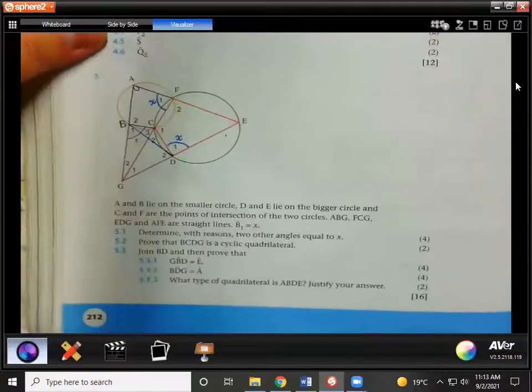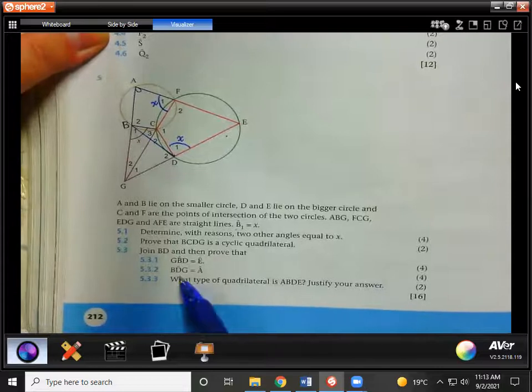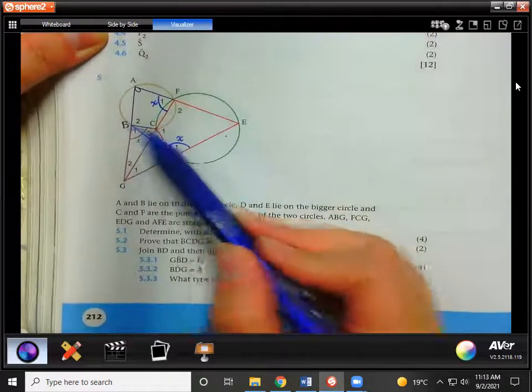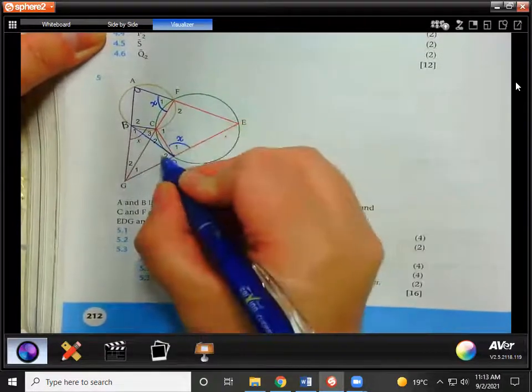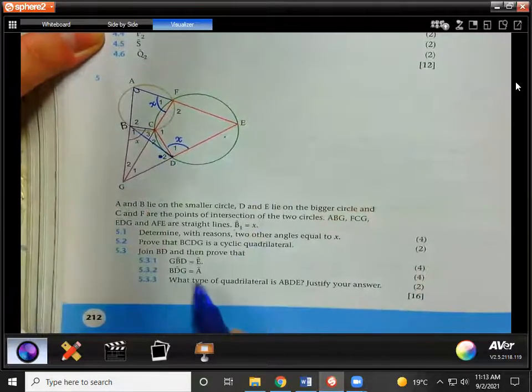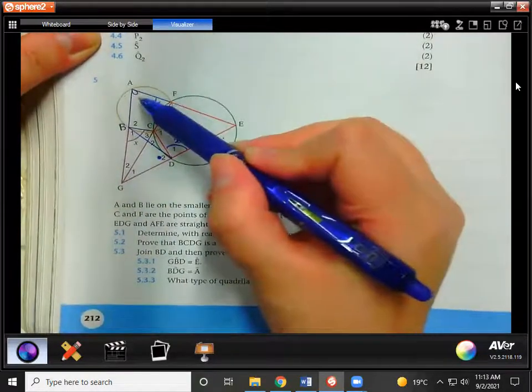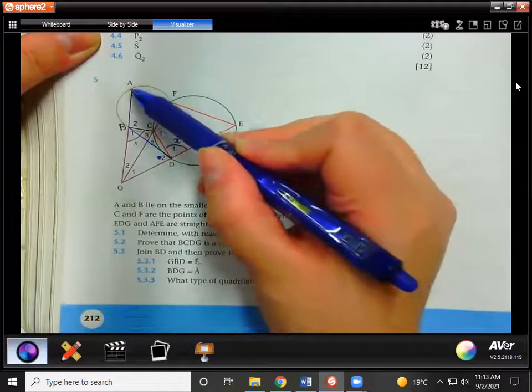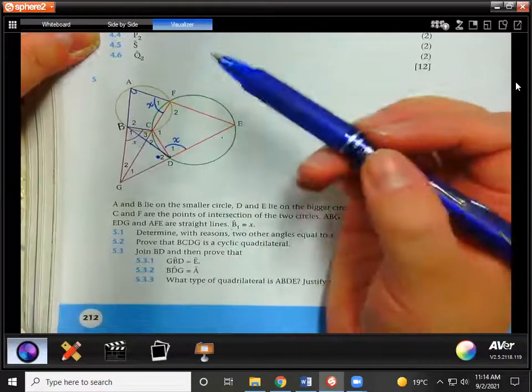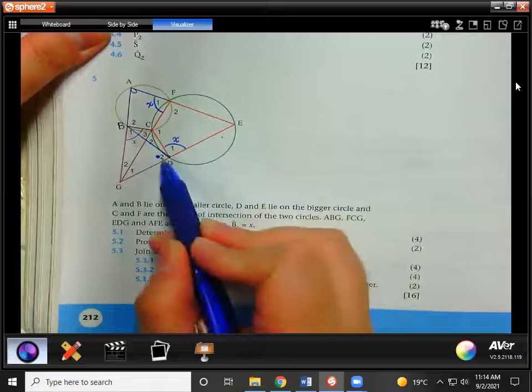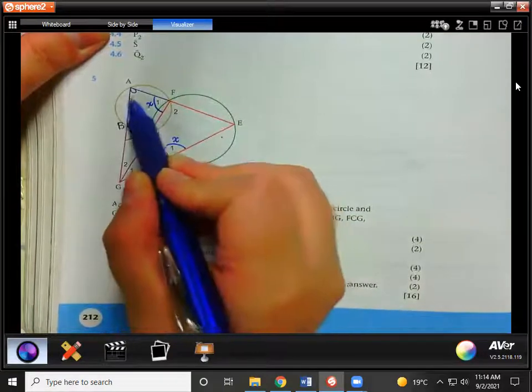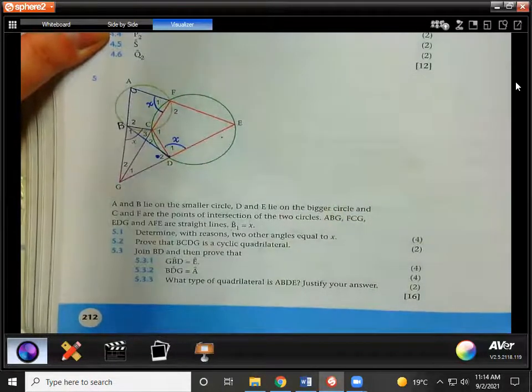Just quickly for the next one. They now want us to prove that BDG, so this one over here, is equal to A, which is that angle there. I don't know why they put a funny thing there. You can just ignore that. But now we need to prove that this angle is equal to A. Now, guys, you're actually going to follow the exact same steps.